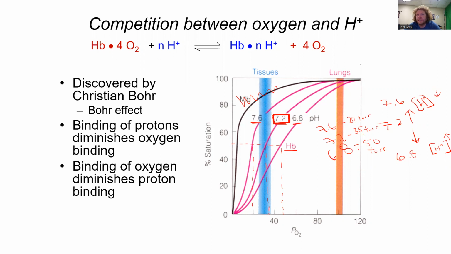So what we see is as the pH of the environment goes down, our P50 increases. So our affinity for O2 decreases. Then, as we see the pH go up to 7.6, our P50 goes down. Therefore, our affinity for O2 goes up.